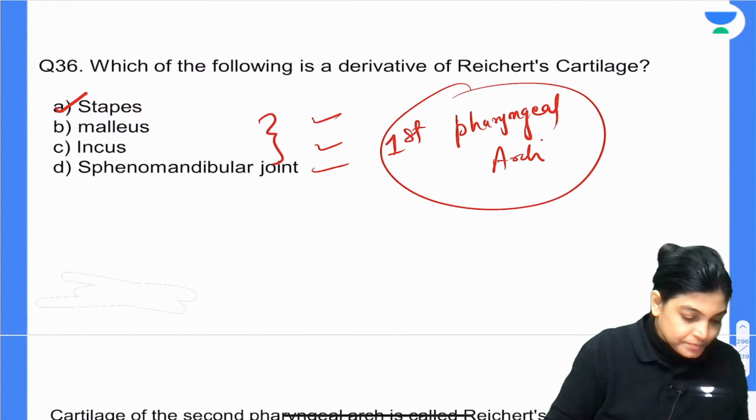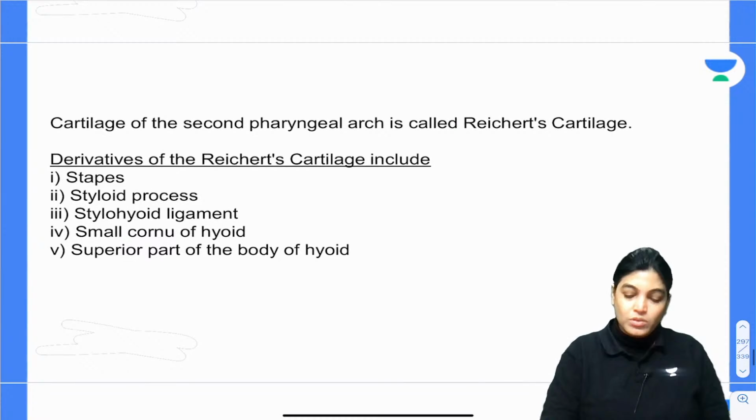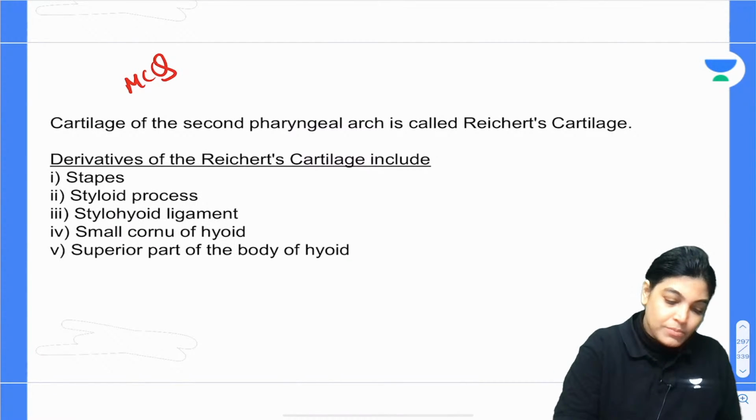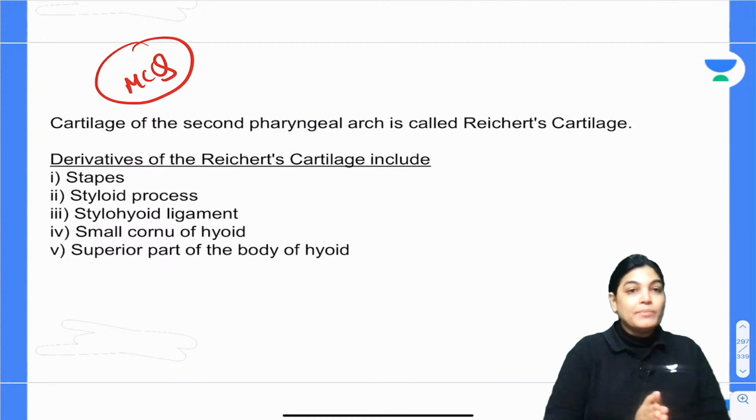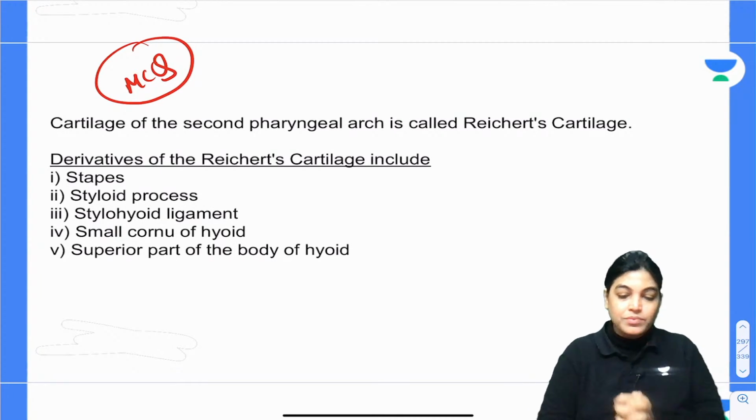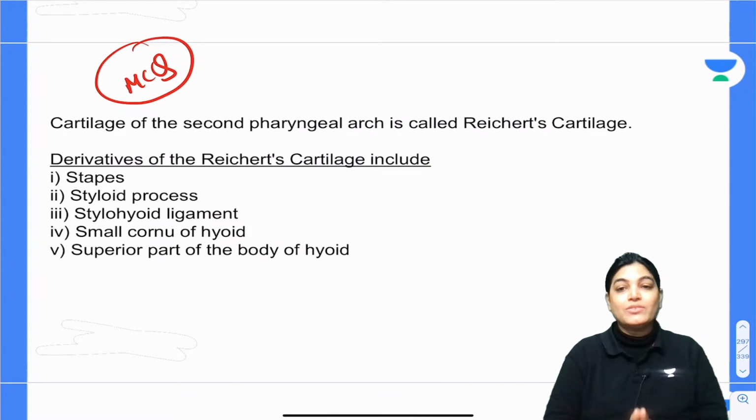Okay, don't worry, I will tell you. For your MCQ, for your examination, please revise all the derivatives of second pharyngeal arch, that is Reichert's cartilage.